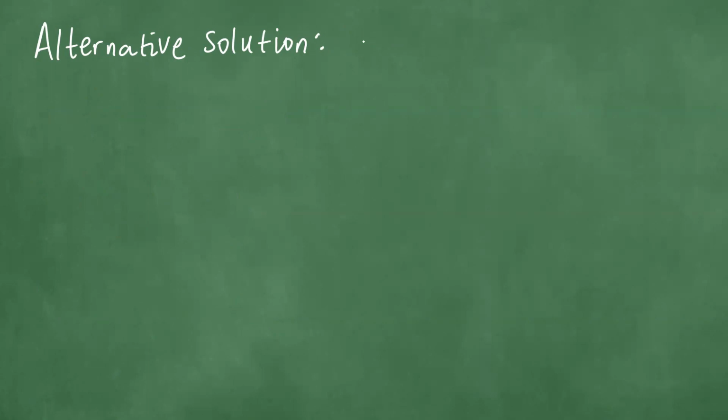The alternative solution is something we call the implicit function theorem. What is the implicit function theorem, and how do we use it? Let's see how that works.